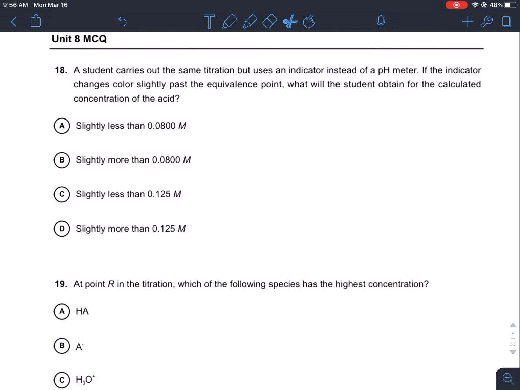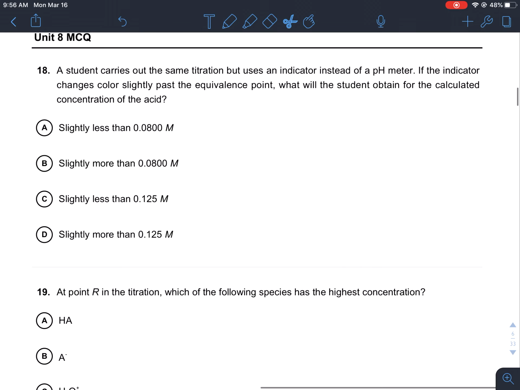A student carries out the same titration but uses an indicator instead of a pH meter. If the indicator changes color slightly past the equivalence point, what will the student obtain for the calculated concentration of the acid? Okay, this was cool.